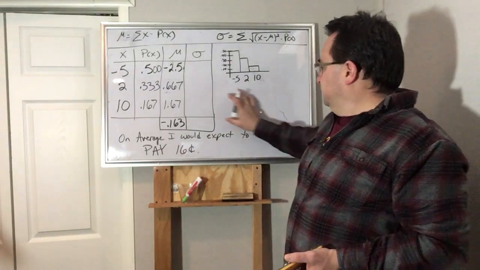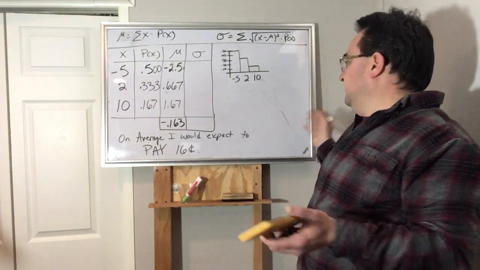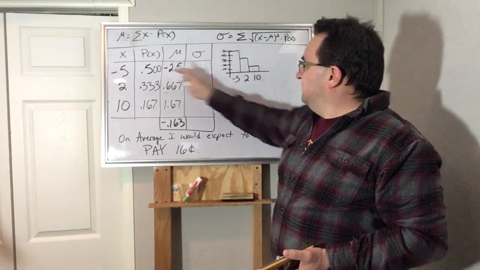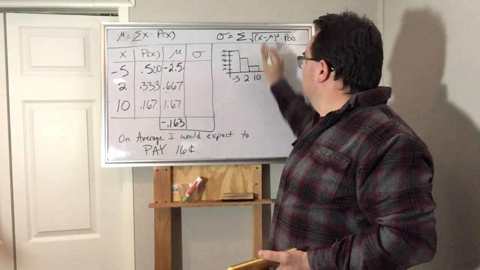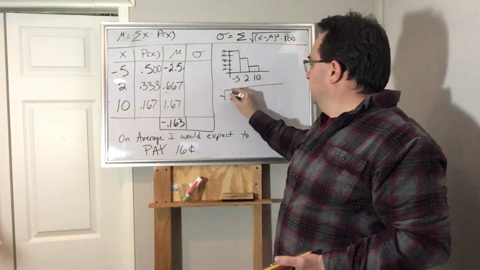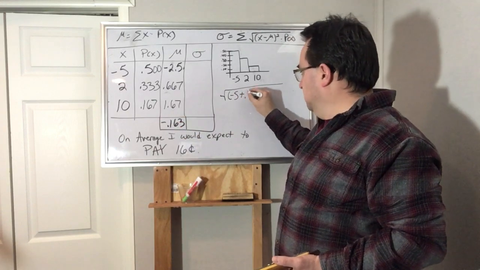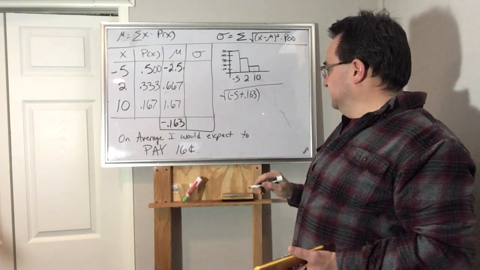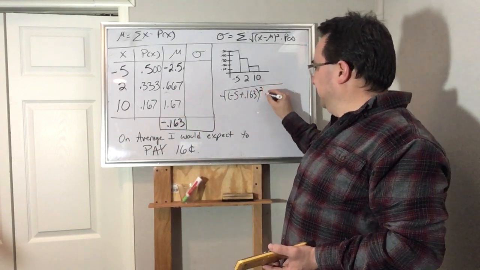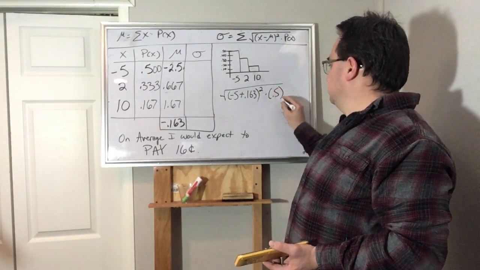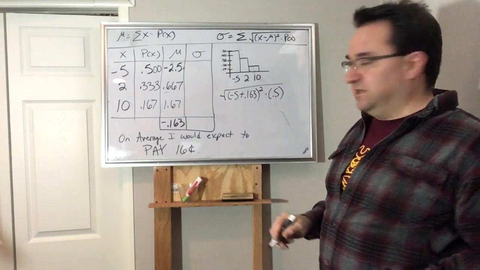All right, so I'm gonna do my work to the side here, but I'm gonna erase it. So let's see, row 1, square root of minus 5 minus a negative 0.163 squared times the probability of that happening is 0.5. I'll punch that in my calculator in a minute.